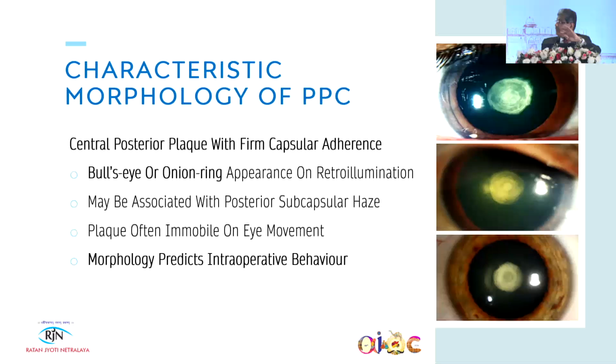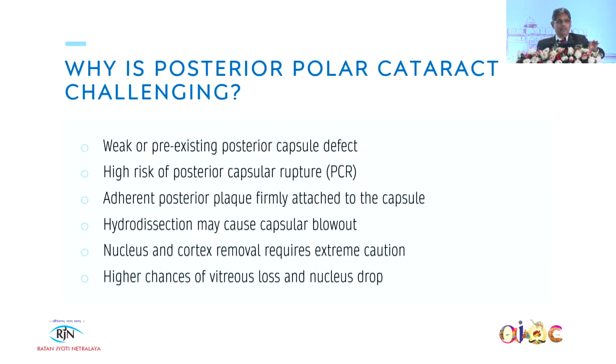This is the morphology, the look of these cataracts, bullseye or onion ring, as they say, and it predicts the intraoperative behavior. When you see it on the slit lamp, it tells us how this cataract is going to behave during surgery, whether there will be a pre-existing rent, or whether a rent will occur when you are doing irrigation aspiration or the phaco procedure.